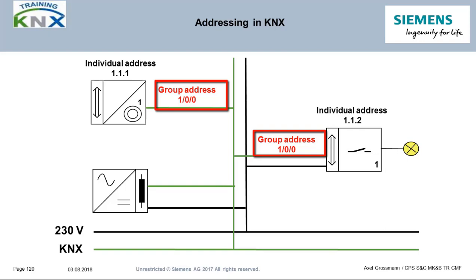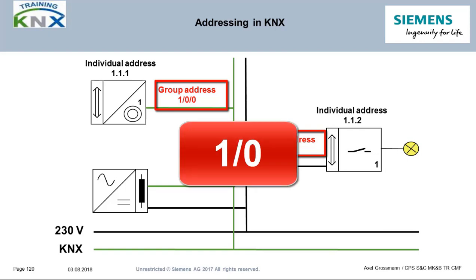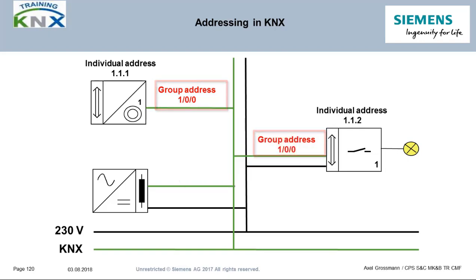Our sample group address is 1/0/0, or just short 100. You can see that we have 2 individual addresses, but only 1 group address, as this is shared by the devices controlling the same function.